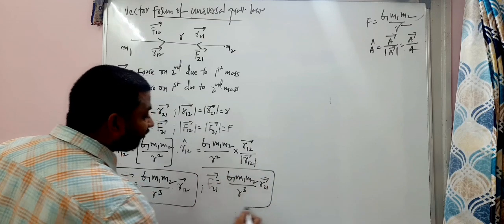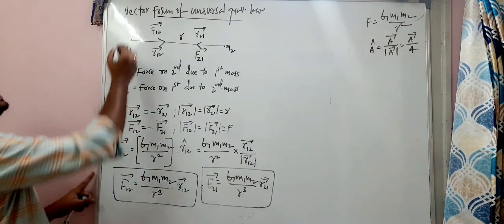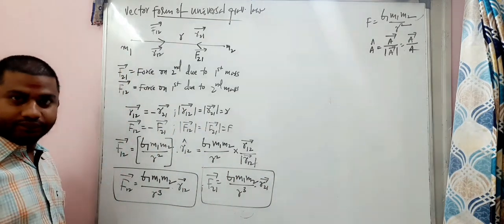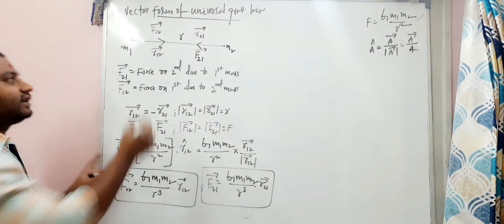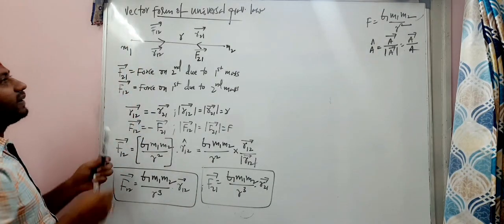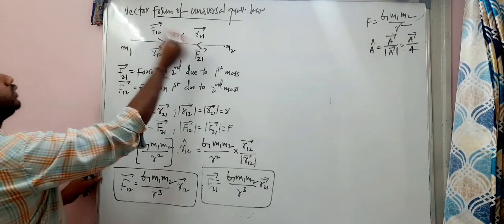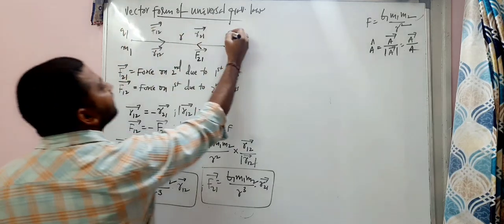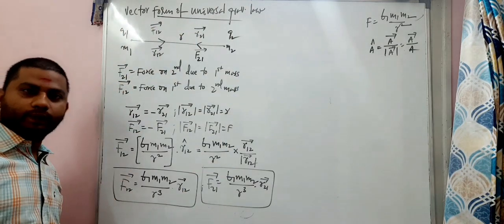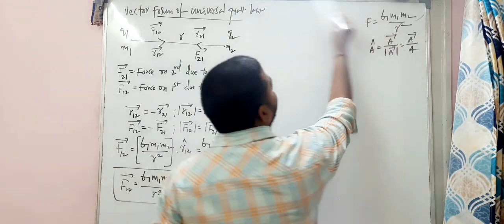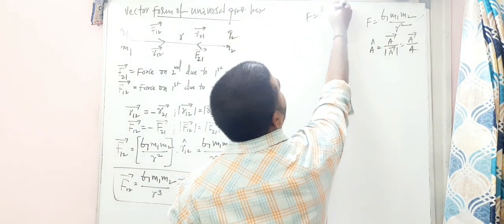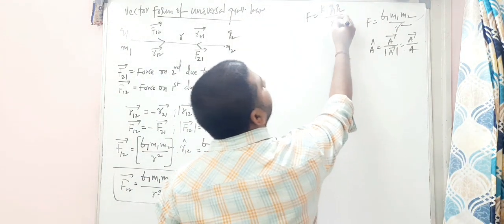If instead of masses you place charges q1 and q2, this expression becomes F is equal to K q1 q2 by r square.